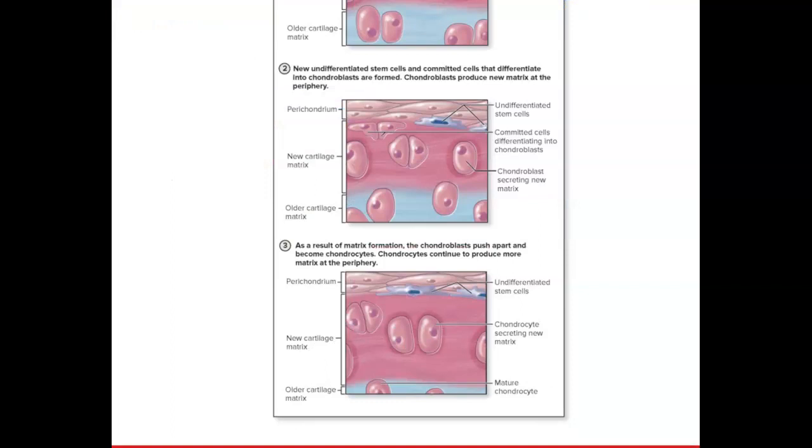And then these stem cells, undifferentiated cells, are going to start secreting the new cartilaginous matrix. But because this is in the perichondrium, the new matrix is added to the outside edge of the older existing cartilage. And so as a result of the new cartilage forming, these cells are going to separate, and they'll continue to secrete new cartilage, but then they become independent of each other.